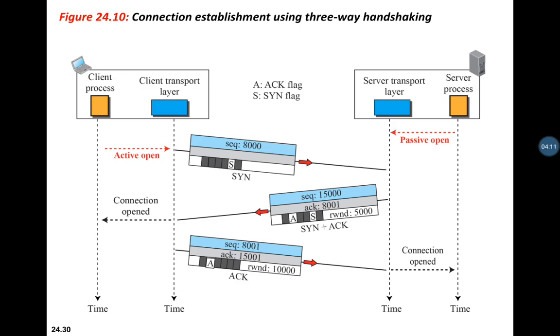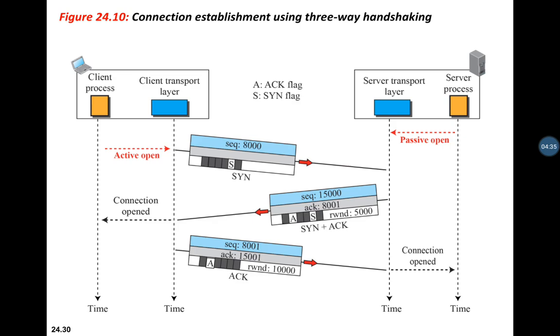Only one sequence number is consumed here. It does not carry any data. Here we can see the first one with the sequence number 8000, and S shows it is for synchronization.